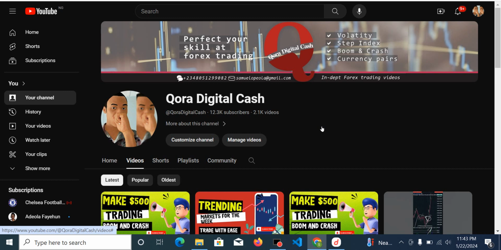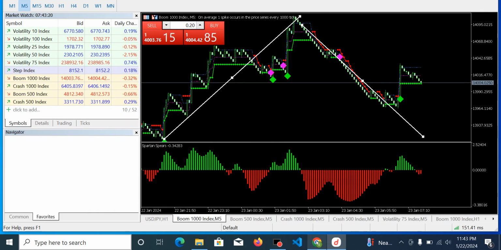Quickly, let's go straight into what we have right here. Like I said earlier, so many questions were popping up yesterday on how I'm able to generate all the signals I generated on the Telegram channel. The beautiful truth about this is that I'm not the only one generating these signals. Those that have this indicator are also generating the same signals, because it is the indicator that is generating them.